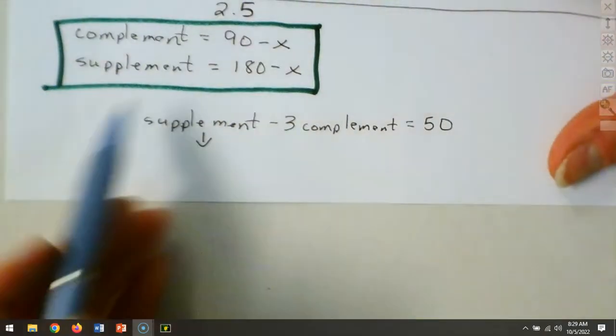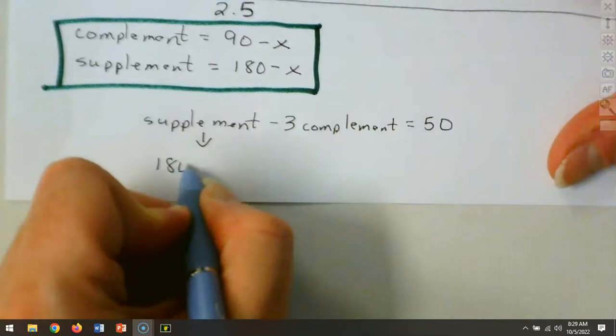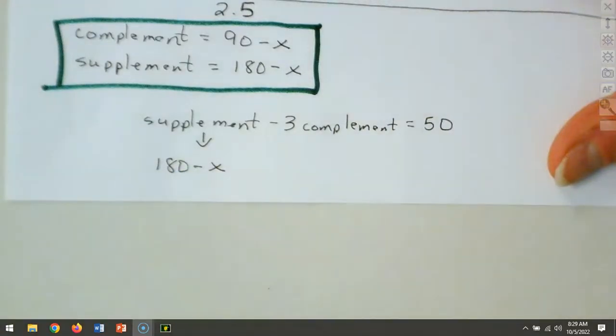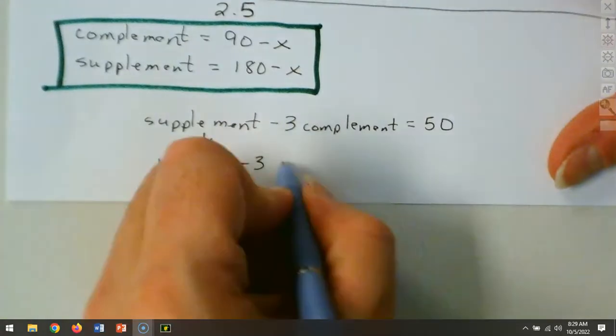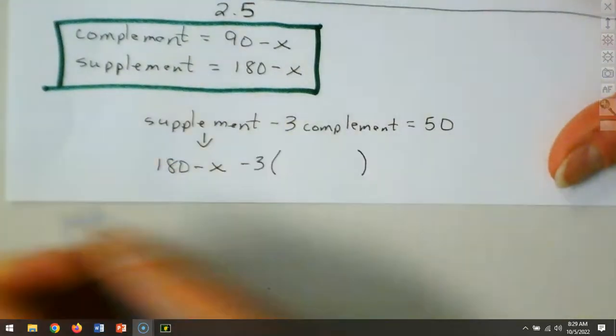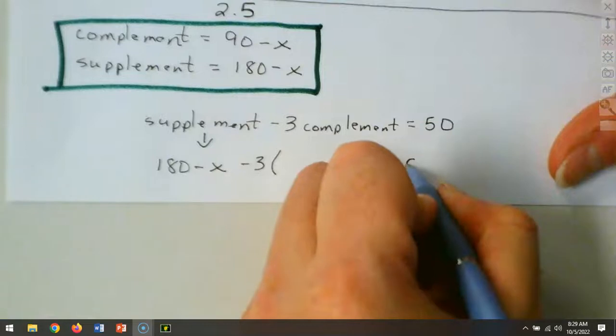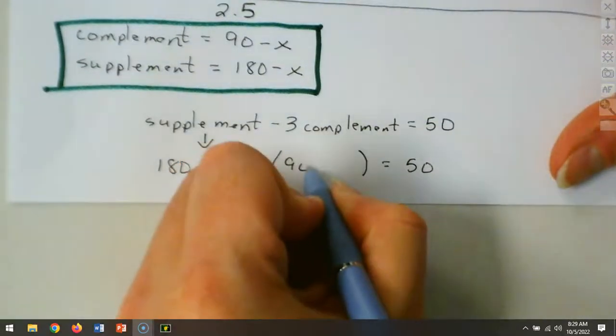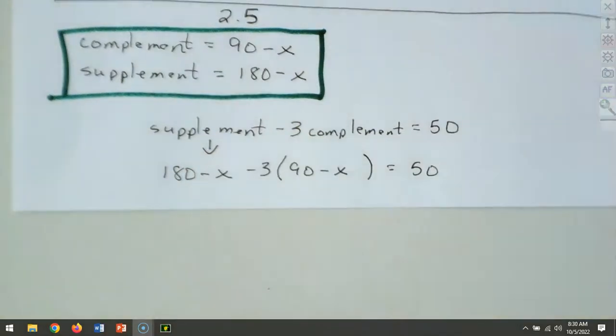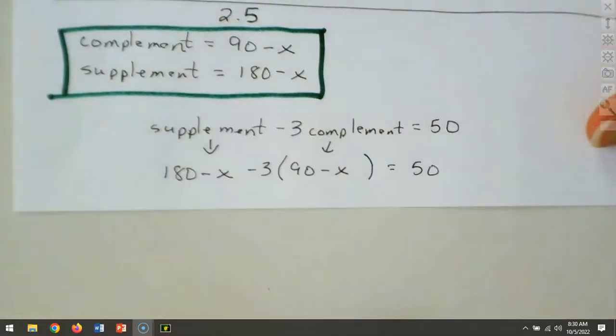Fill it in and see what we've got. The supplement, that's 180 minus x. And we've got a minus 3. Now the complement, we're going to put parentheses around it because it's getting filled in. Whenever we fill in something, we use parentheses. So that's a 90 minus x there.